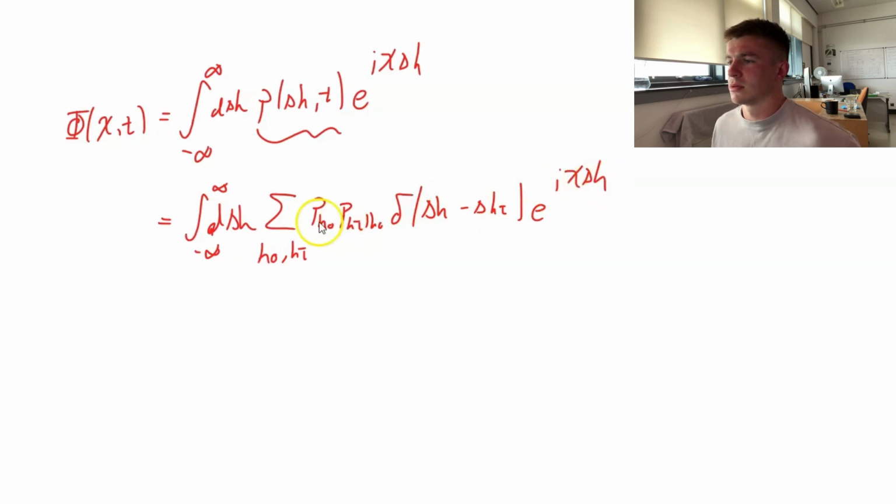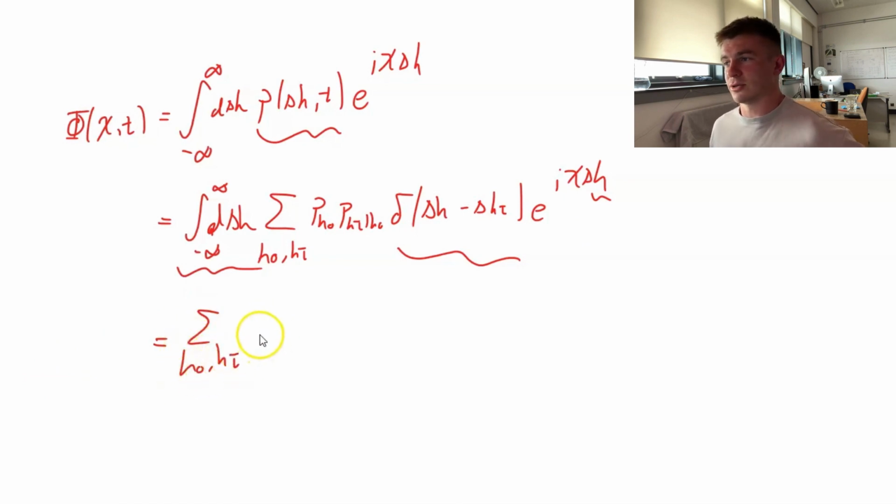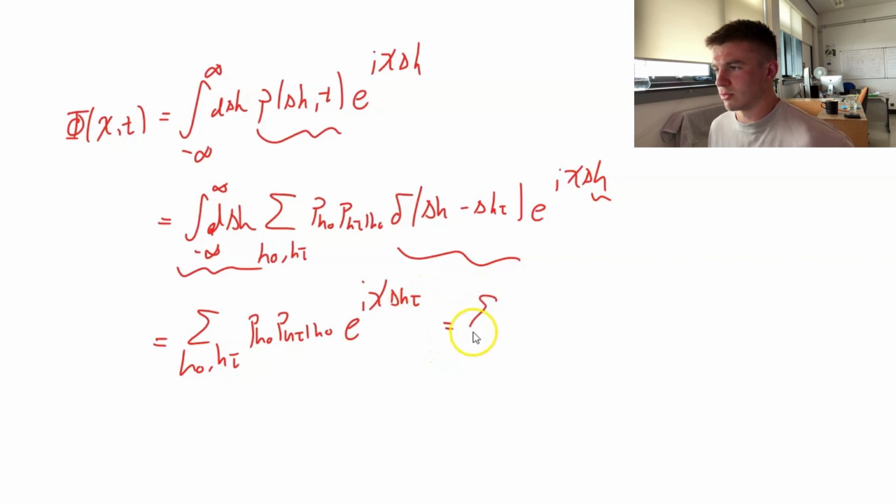And we've got this integral over delta h with a delta function. So we just evaluate the function at delta h tau. So we've still got the sum, we've still got the probabilities, and now we have e to the i chi delta h tau. And let's remember what delta h tau is. It is h tau minus h0. Okay.